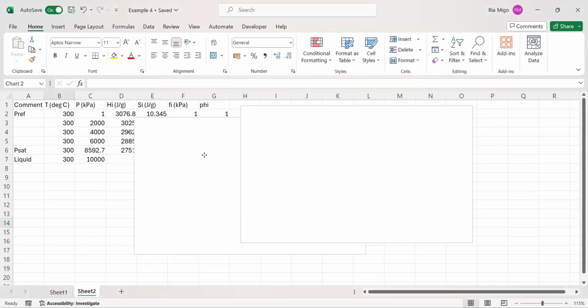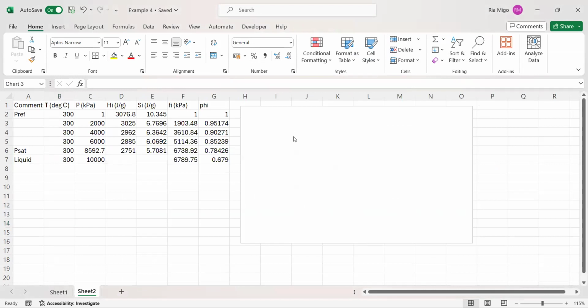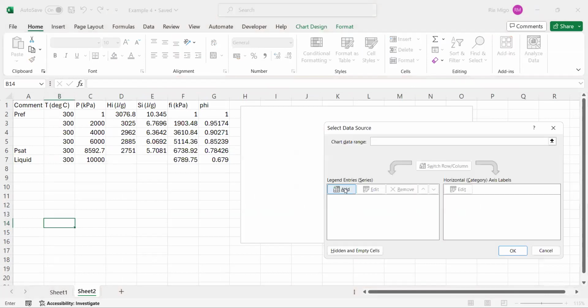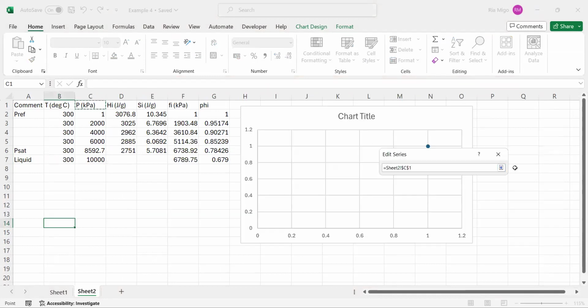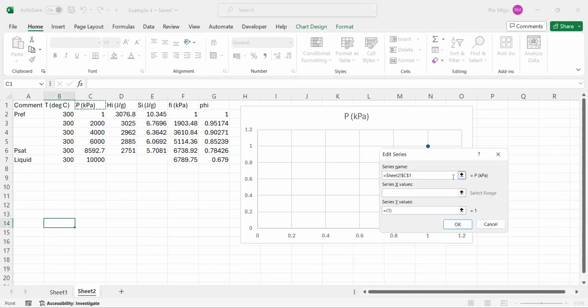And then right click, select data. Then click add. The series name is, click the cell of fugacity.